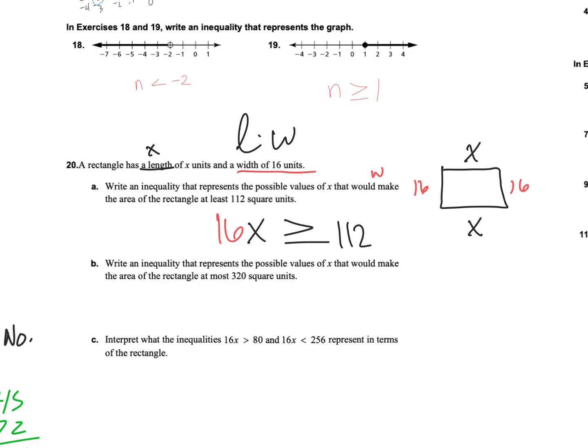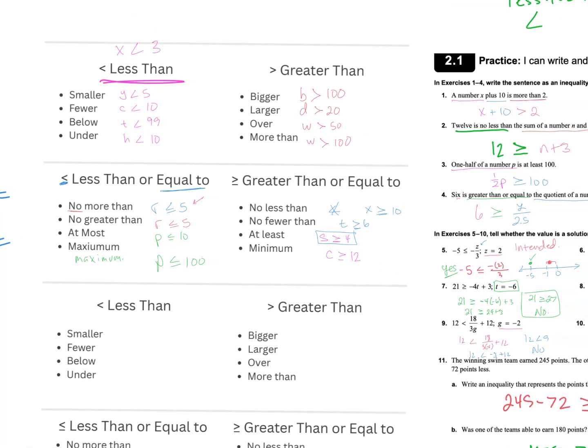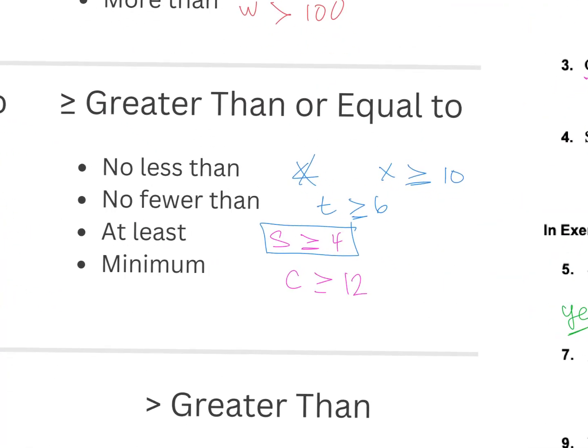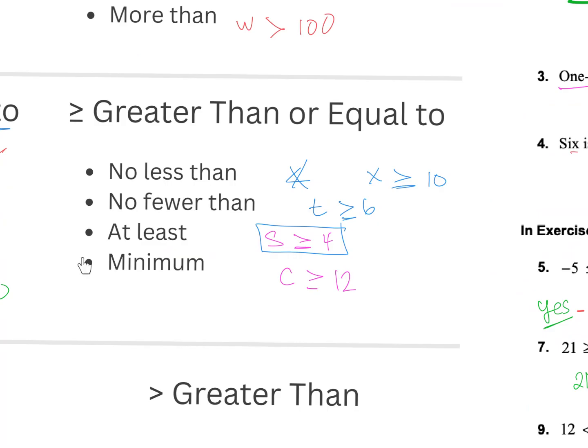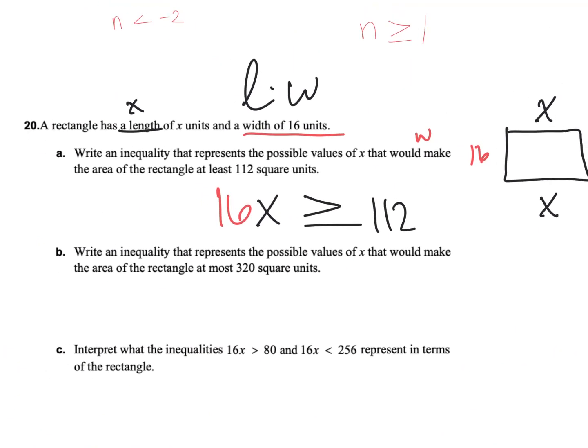And if you're like, wait, it's been a long time since we talked about at least. Let's go over here and look. At least. There we go. Greater than or equal to. At least, right? And again, I kind of looked at it as the area has to be, it could be 112. That's the least it could be, but it's probably going to be more.